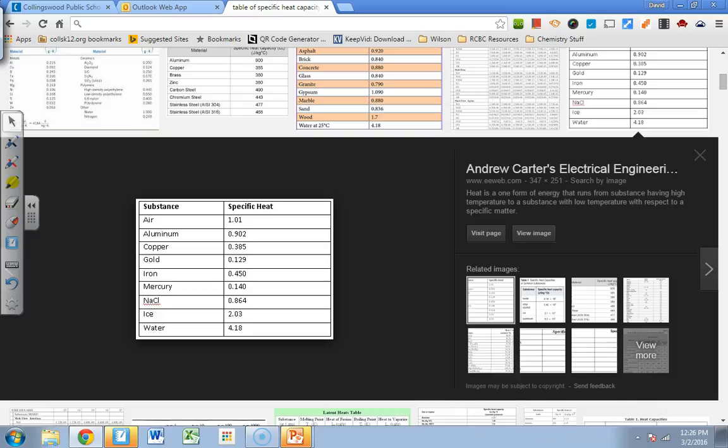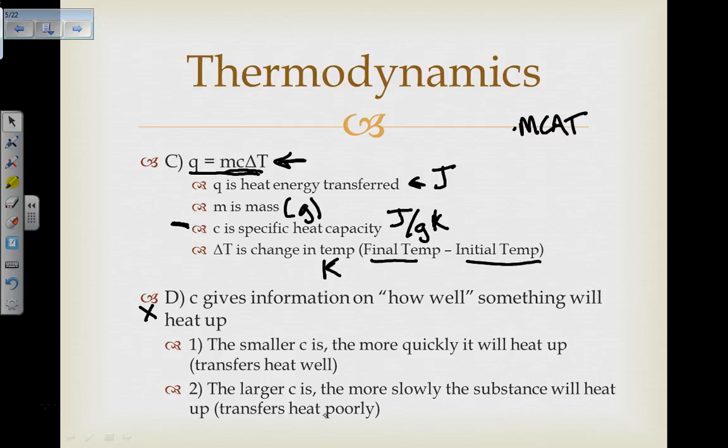That just means that it takes a lot less energy to raise the temperature by 1 Kelvin. So you would say that gold can get very hot very quickly, although time is usually not a factor. It just means that it takes less energy to raise the temperature. So that's kind of what I was talking about here, and this is kind of the practical application.